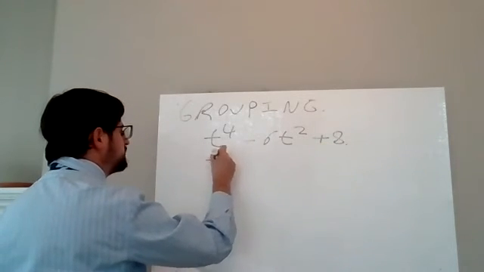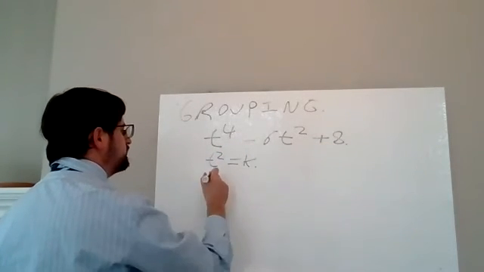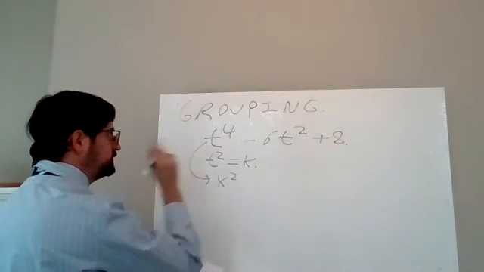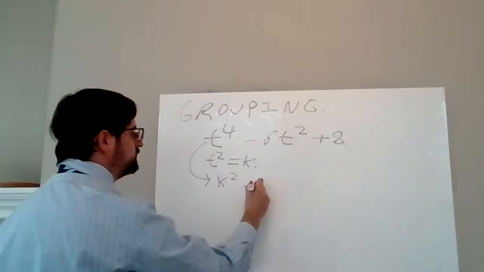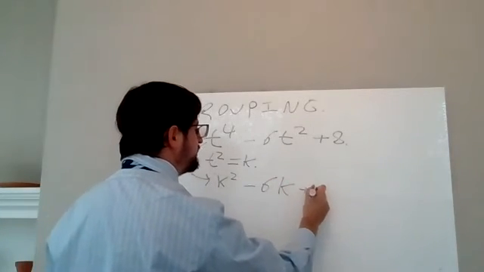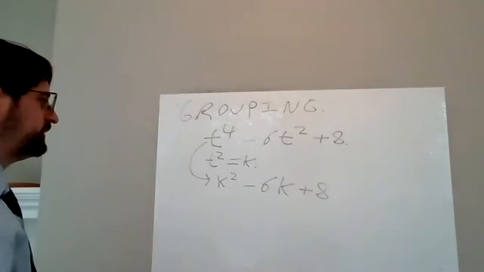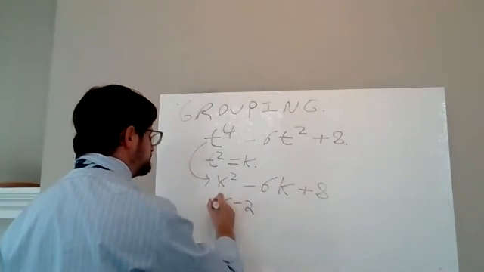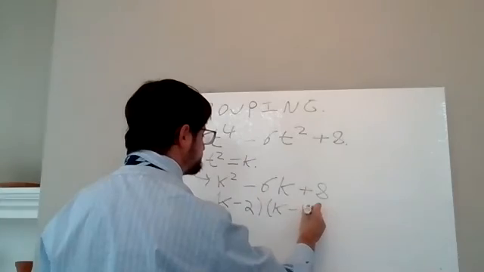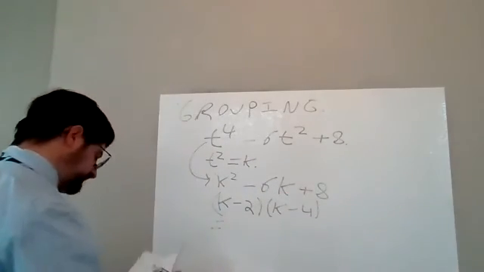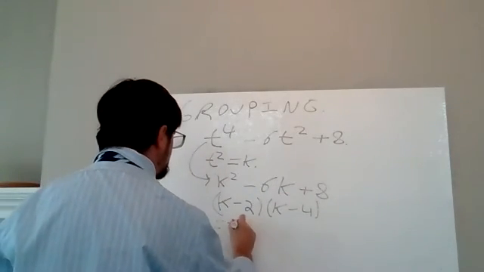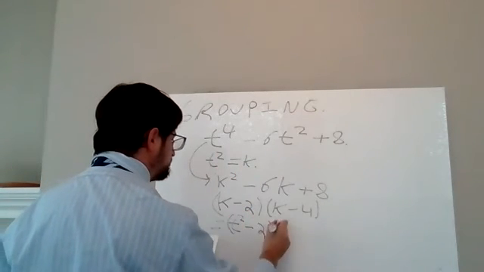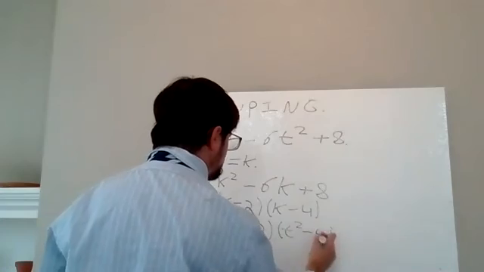I'm going to call t squared k. And now this becomes k squared, because it's t squared squared, minus 6k plus 8. And that's a quantity I can factor. This is (k minus 2) times (k minus 4). And that equals, plugging the k back in, (t squared minus 2) times (t squared minus 4).